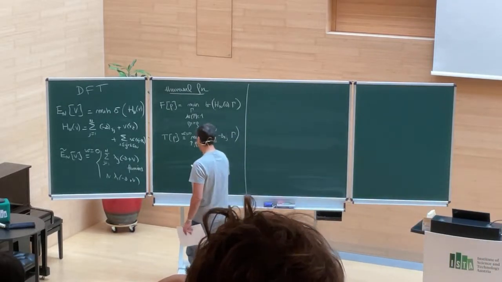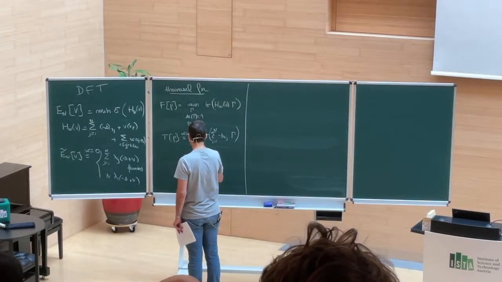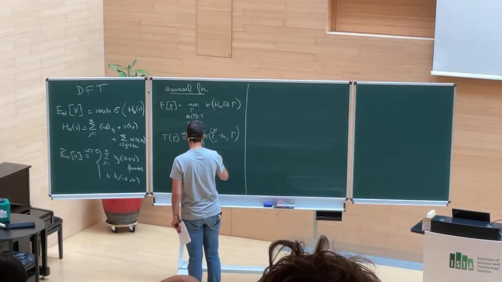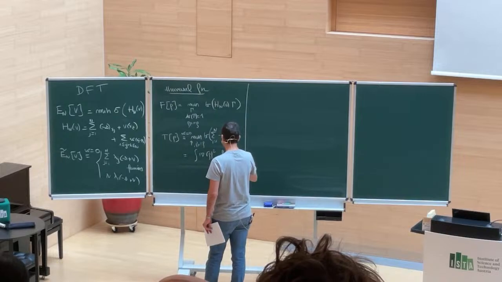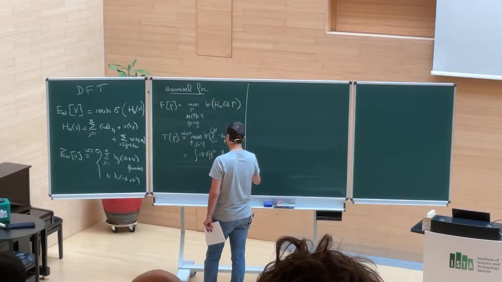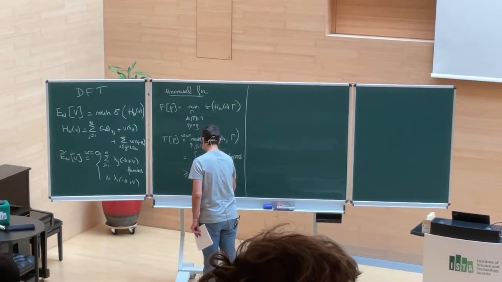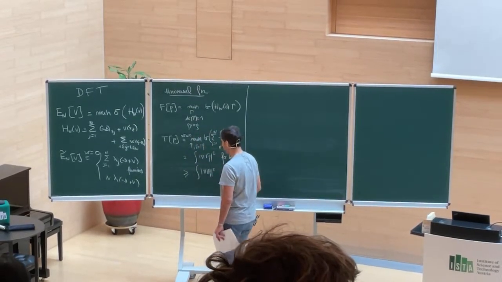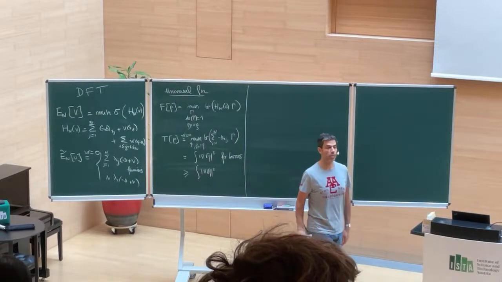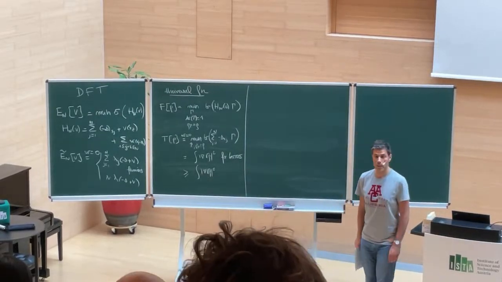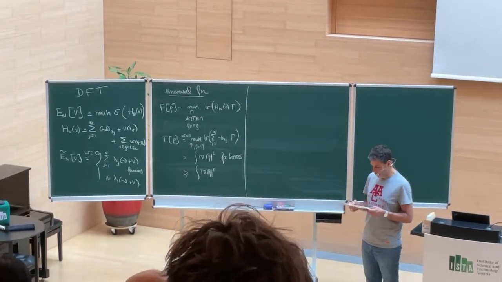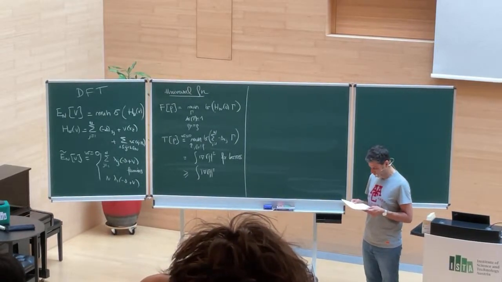And T of ρ for bosons is completely trivial, so that's why we will not really discuss it for bosons. For fermions, we knew that we have an inequality. And we also have it for bosons, but for bosons it's just equal, because particles are just IID if you fix the density. Very good.